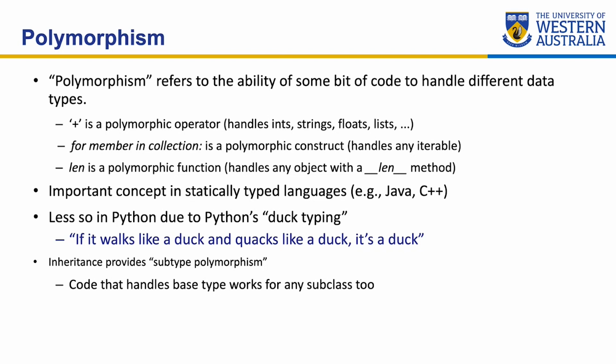Basically, if it walks like a duck and quacks like a duck, it's duck kind of behavior. Okay. But it's a really important concept in OOP, especially if you're trying to use different languages like Java and C++. Okay. So inheritance provides subtype polymorphism because code that handles base type works for any subclasses.